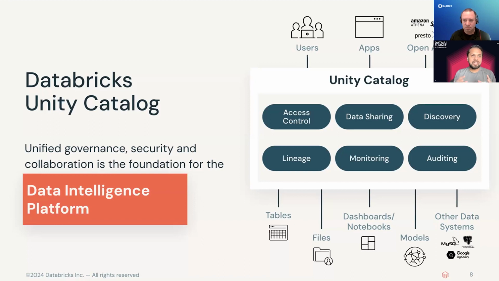To do this in a controllable environment where you can not just own your data but own your AI, Unity Catalog is the first step. Many of our customers are moving from Hive Metastore to Unity Catalog.